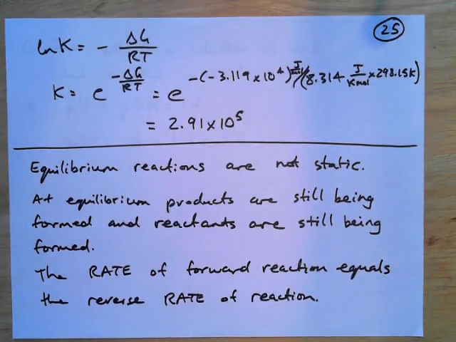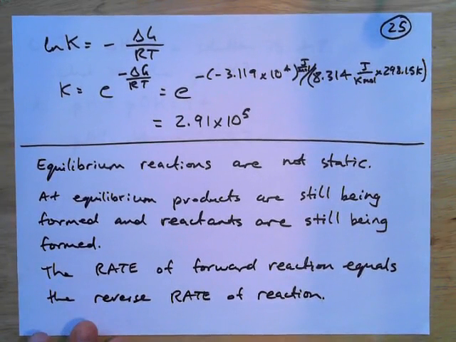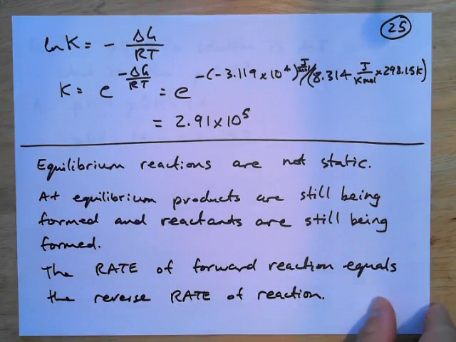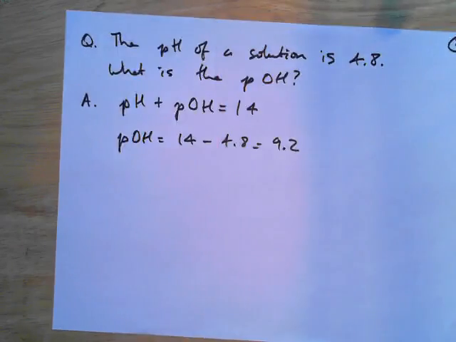So the rate at which products are getting formed is exactly the same rate at which products are also getting broken back into reactants. Okay, so it's important because that's a fundamental understanding of equilibrium, that the products are still getting formed all the time. You know, don't think that it's just stopped. The reaction hasn't stopped. It's just that it's got a forward and reverse rate that are happening at the same time.